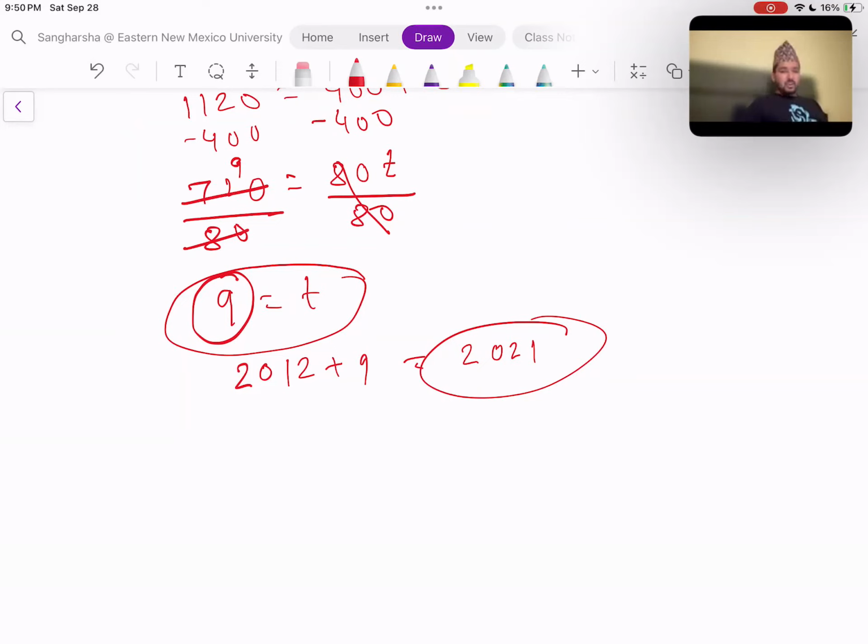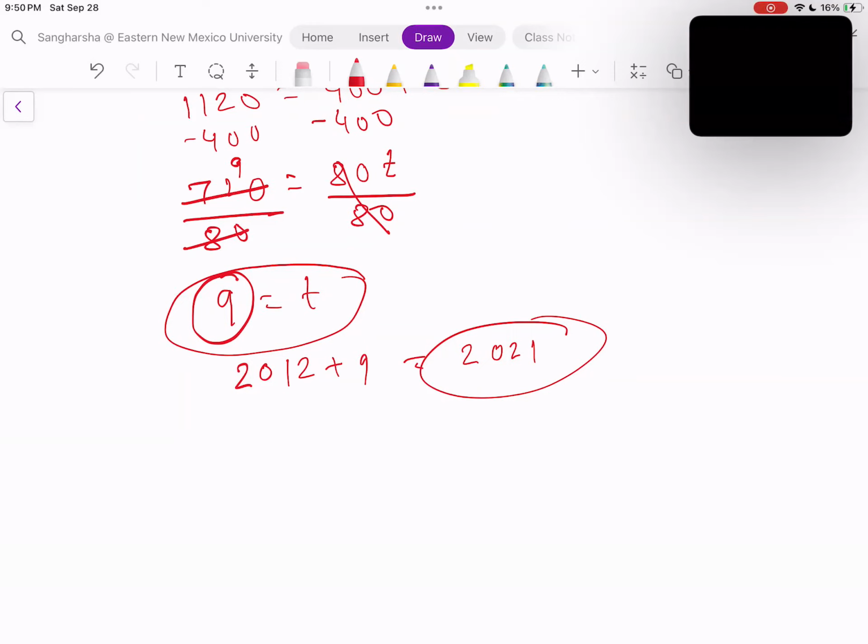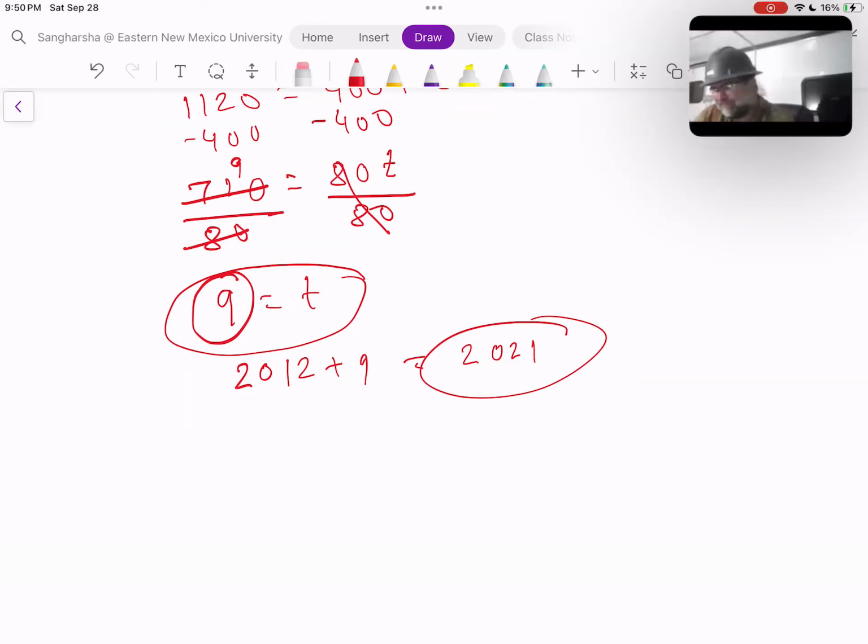So for exam 3, if I have a review session, do you prefer 8 or 9? 8. Okay, 8. I'm always at work, so it doesn't matter. All right, so I'll try my best to do it at 8 p.m. so that we can have more students and more interaction.